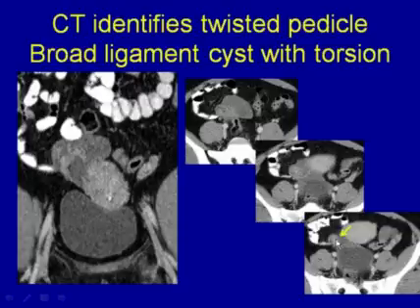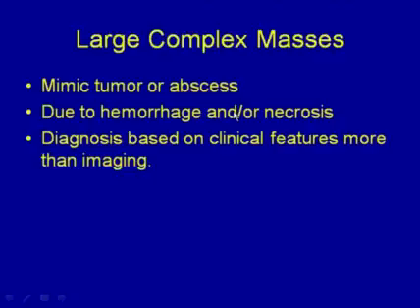Then when you come down closer to the uterus, away from the ovary, again you can see this twisted pedicle with enhancement. This actually was a broad ligament cyst that had twisted the ovary up and acted as the lead point. So it may not actually be a mass in the ovary. It can be a mass adjacent to the ovary that acts as the lead point for the torsion. So that brings me to my next area, which is what do we do with these large complex masses?